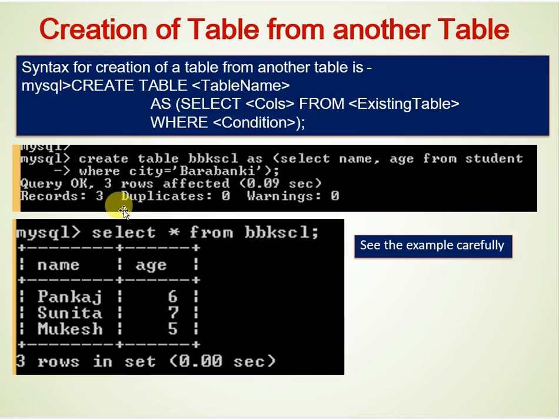See, query OK, 3 rows affected. Let's see the record in your new table: select * from BBK_SQL. It will display the name and the age and the corresponding records. So likewise you can create a new table on the basis of an existing table.